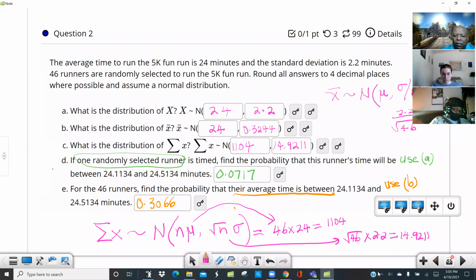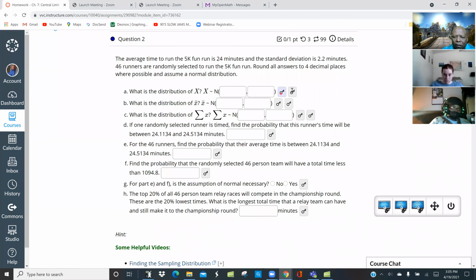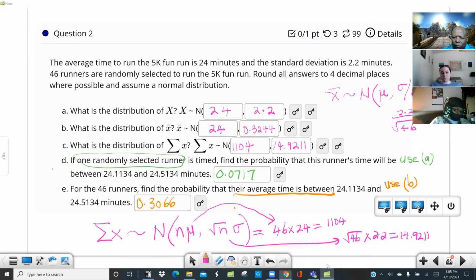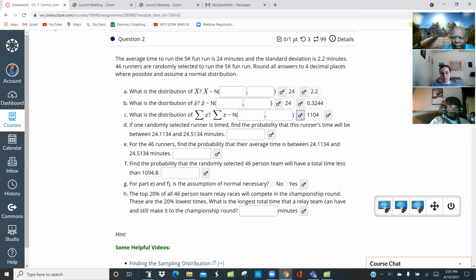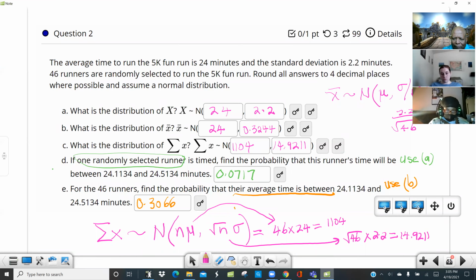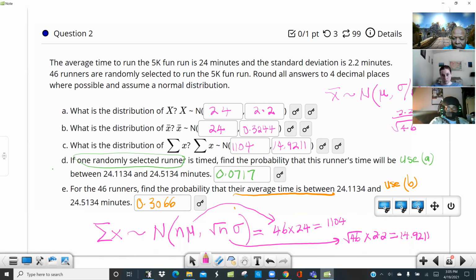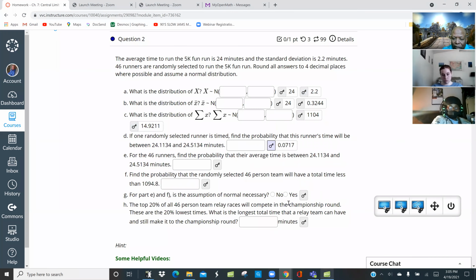Okay, let's check it and see what is happening. That's a given. That is 0.3244. Between 1104 and 1492, yes, of course. 0.3066 is the probability of selecting one person to be running between those two times.